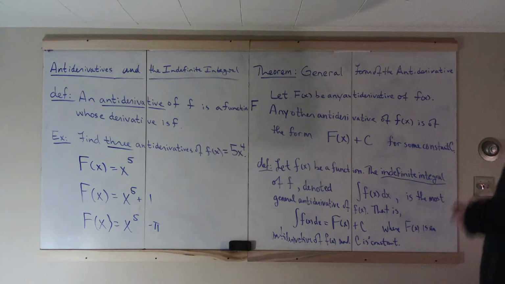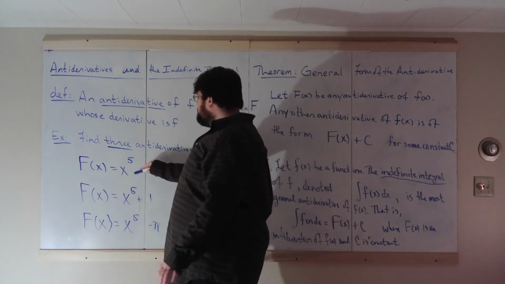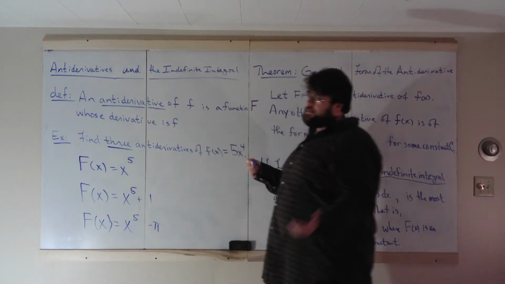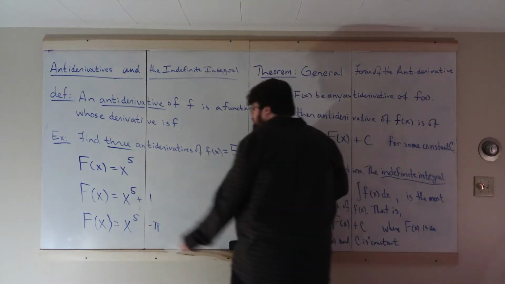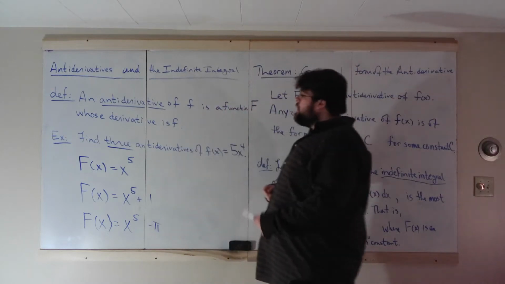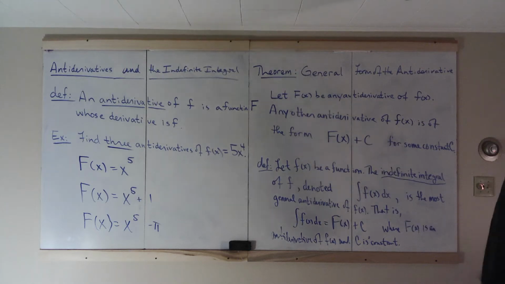Well, this example suggests something. If we did something else with the x's other than x to the fifth, we wouldn't be able to get 5x to the fourth. The only way we could have adjusted it was by throwing an additional constant on there. And that holds in general.